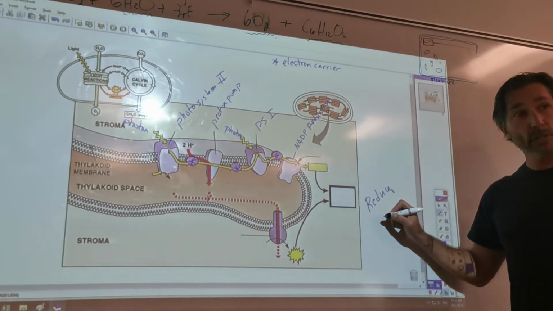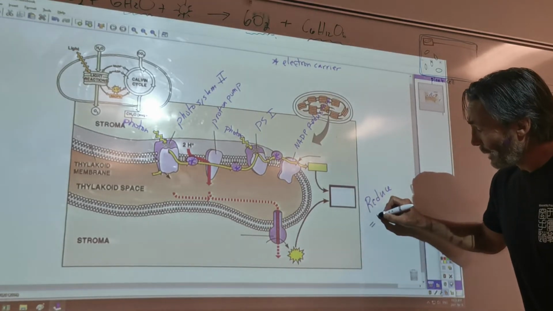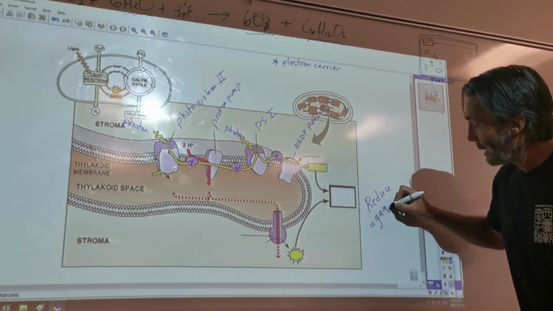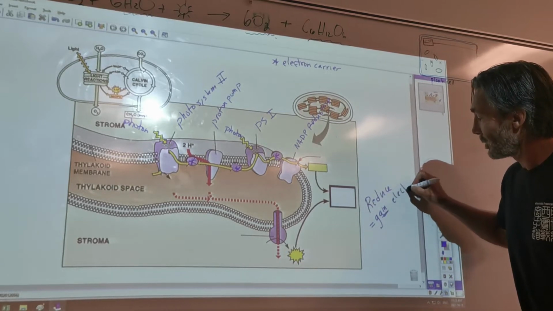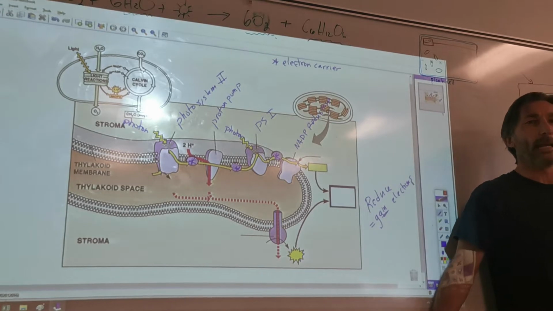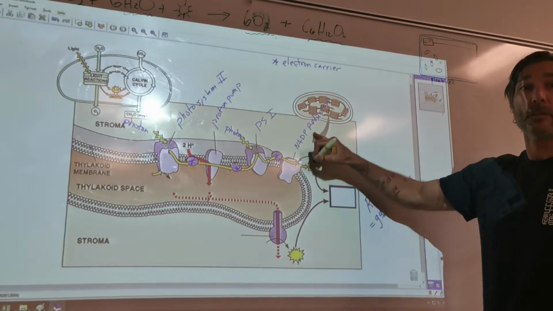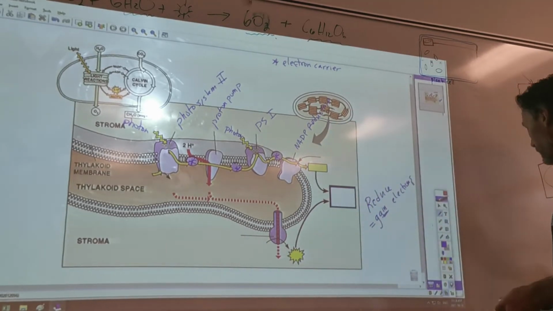When something becomes reduced, it seems backwards, but it's to gain electrons. Okay? Now, why would it be gaining electrons if it's reduced? The reason we call it reduction is when a molecule gains electrons, its stability is reduced. It becomes more reactive. What's it called again? This NADP reductase.